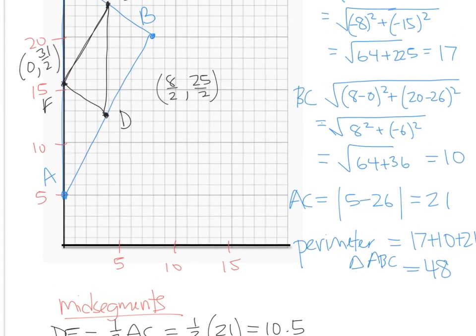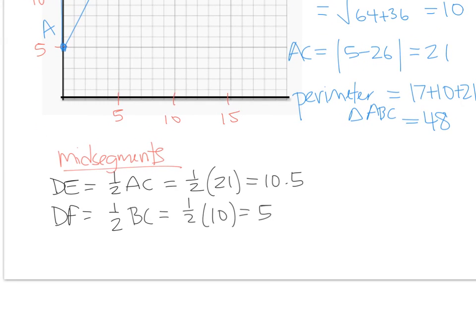And if I want to find the length of FE, it's going to be 1/2 the length of AB. And if you look above, it's 17.